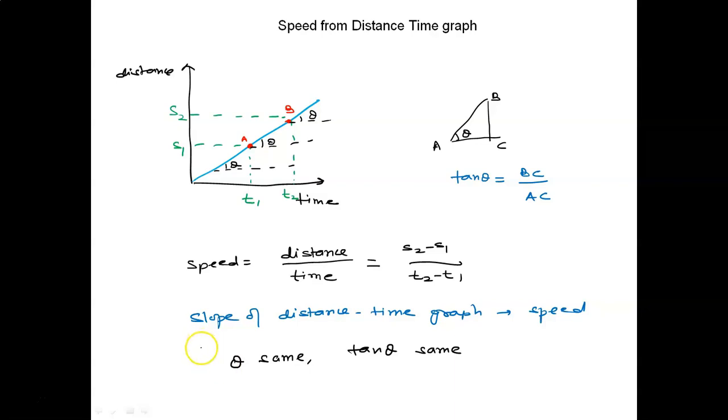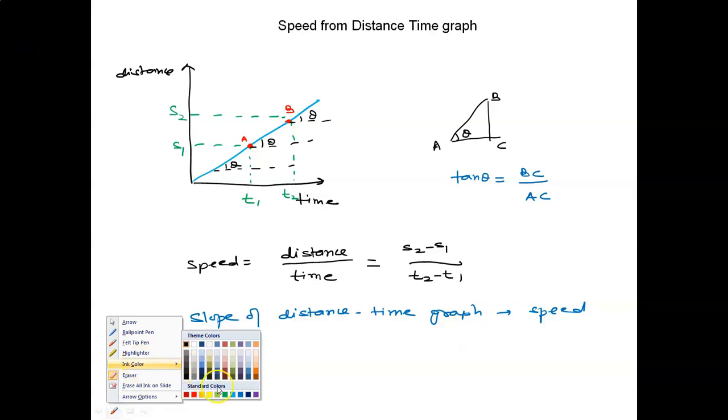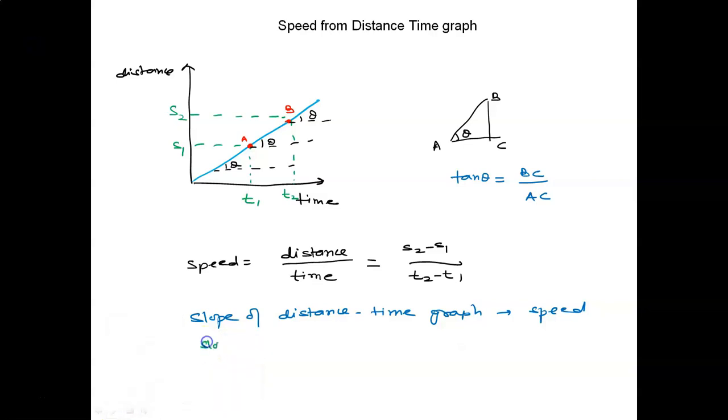Again I will tell you, when there is a distance time graph and I calculate the slope, I get the speed. Children, just think, if I calculate the slope of the displacement time graph, what will you get?